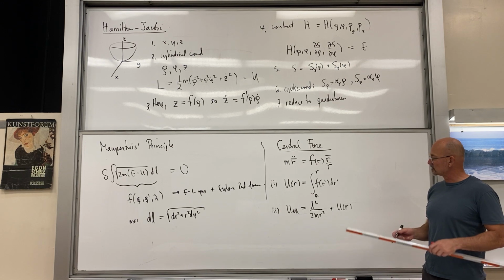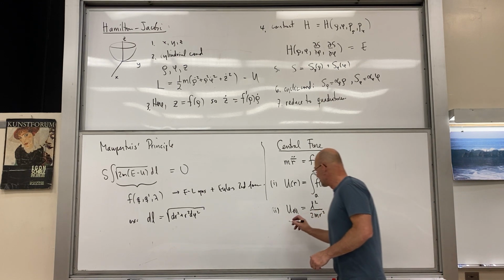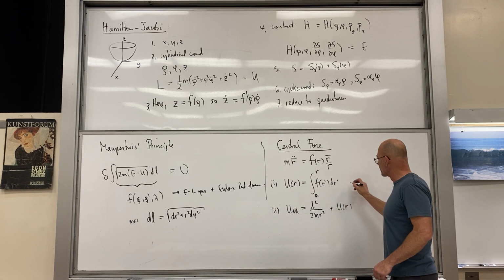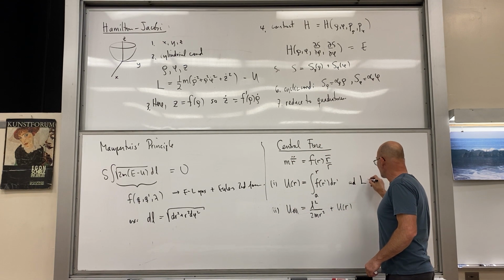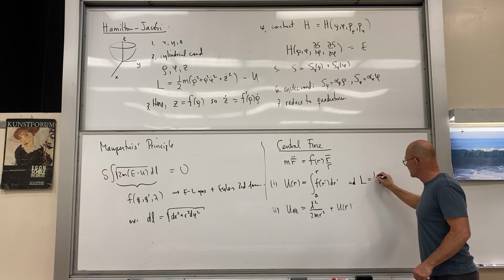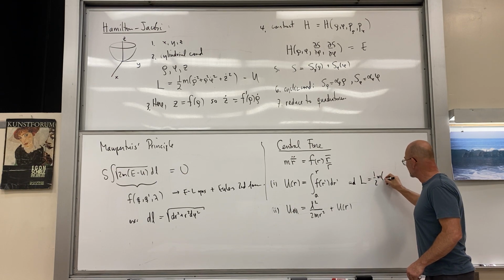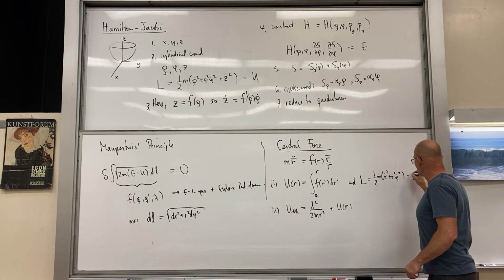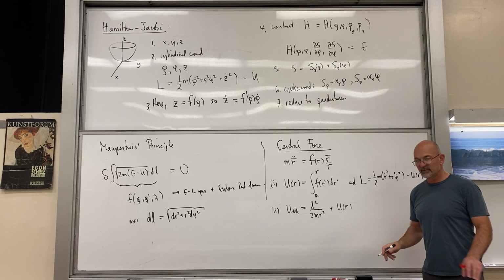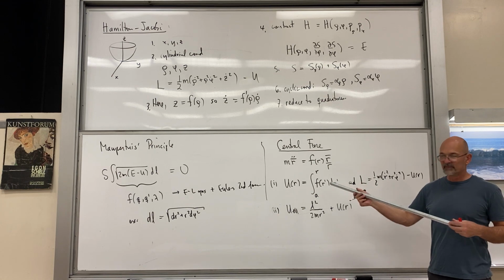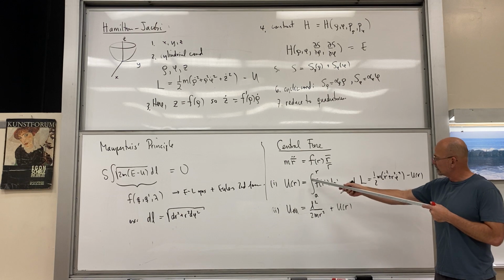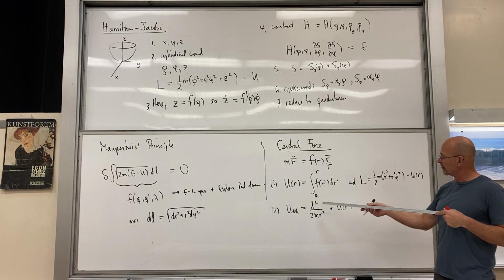Your effective potential, and so yeah, actually U of r and L: the Lagrangian is half m r dot squared plus half m r squared phi dot squared minus U of r, right? That's part of the formalism. So we knew to go to the plane polar coordinates, so we just go from here, set up the Lagrangian.